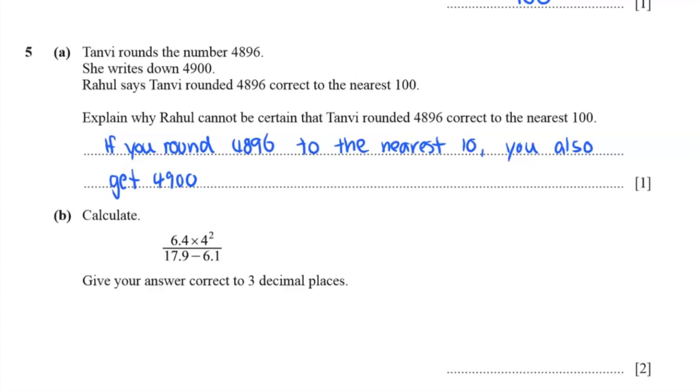Calculate a value, give your answer correct to 3 decimal places. All right, we can put that into our calculator, I think. Right, so let's just throw it in the calculator. And we get 8.677966102, and the number keeps going on, obviously. The calculator doesn't show any more decimal places. We need to round it to 3 decimal places, so we look for the third one.